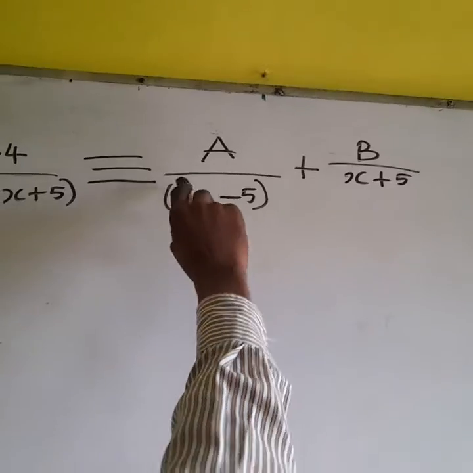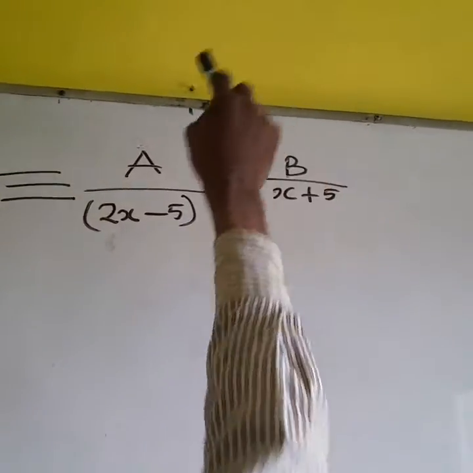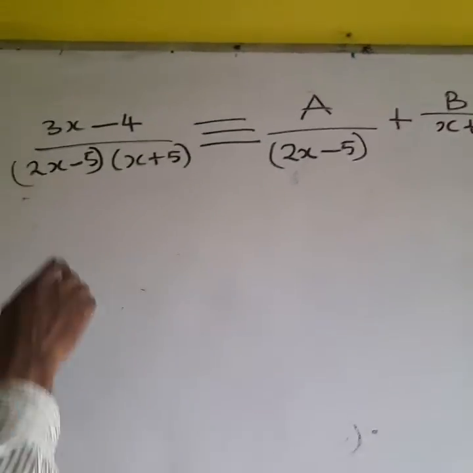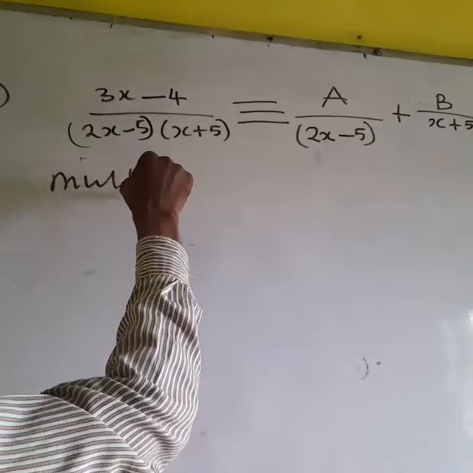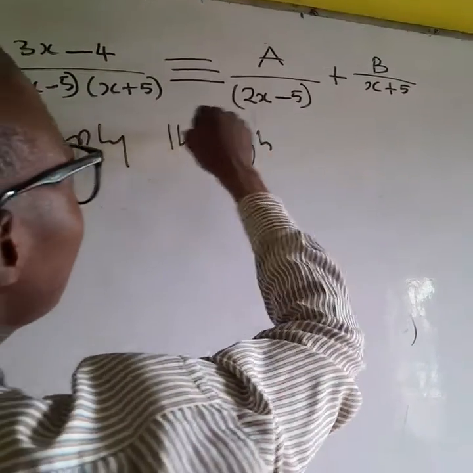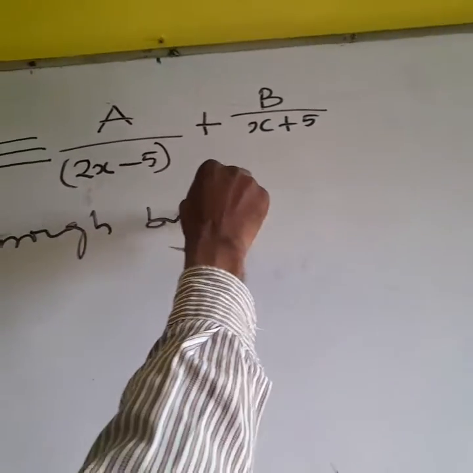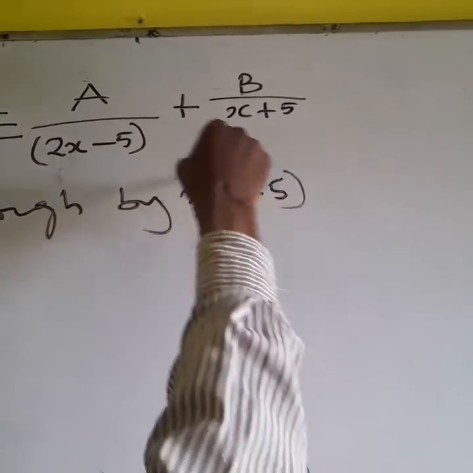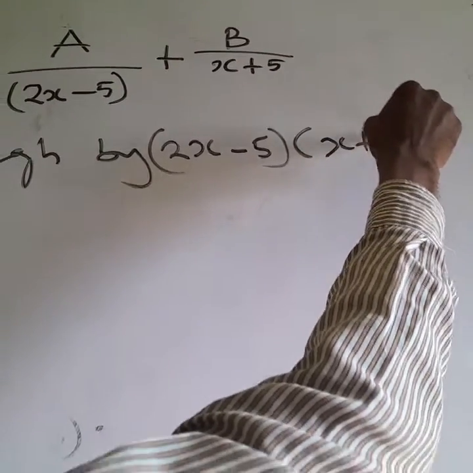Now we want to find the value of A and the value of B. So what do we do? We multiply through by the denominator here, which is 2x minus 5 into x plus 5.